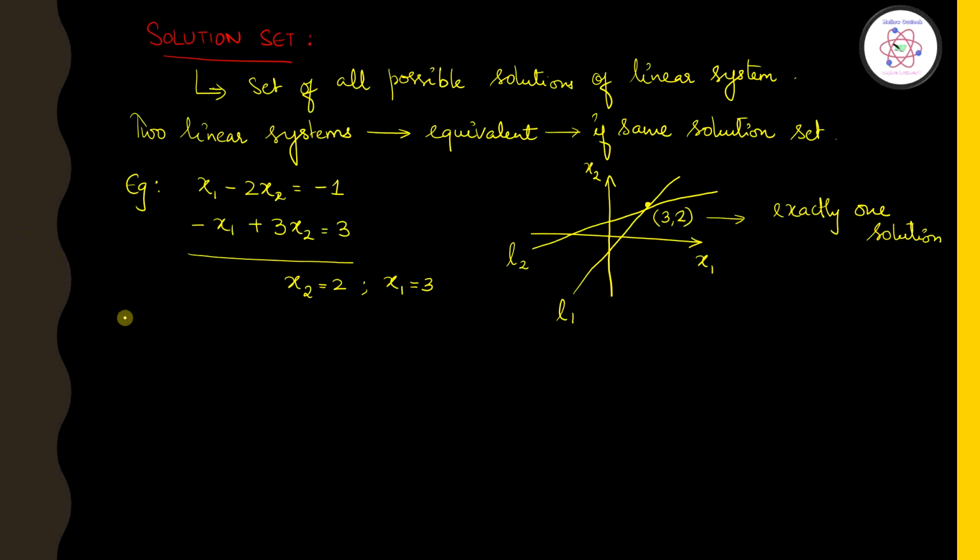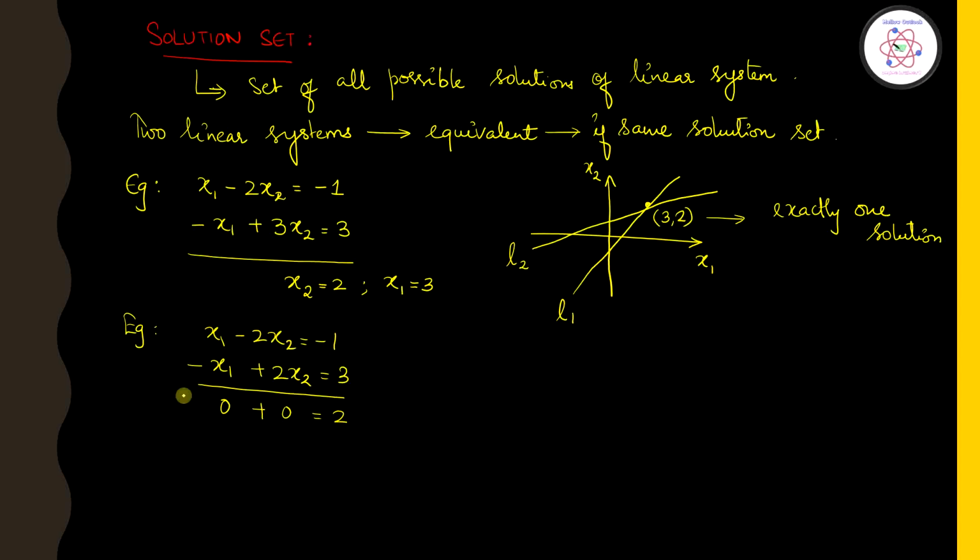For example, let me consider x1 minus 2x2 equals minus 1 and minus x1 plus 2x2 equals 3. When I add these two equations, this becomes 0, this also becomes 0, and this is equal to 2.